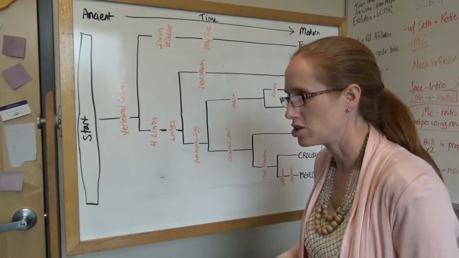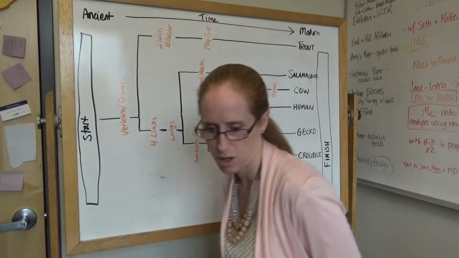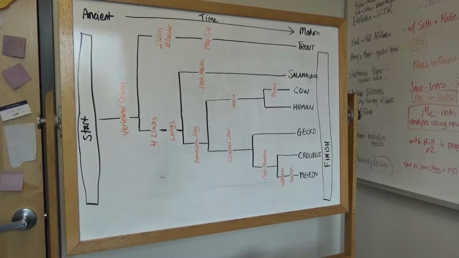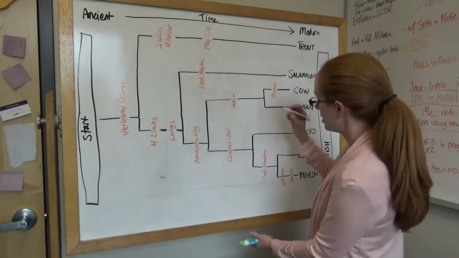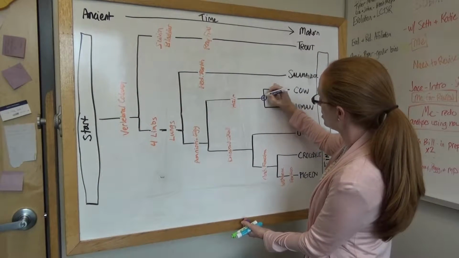So there's a couple of things actually too that you want to label on this tree. I'm going to grab another marker. There's a couple of terms you might go ahead and label on someone's tree, and that is that this, we've talked about this before, this is a node.